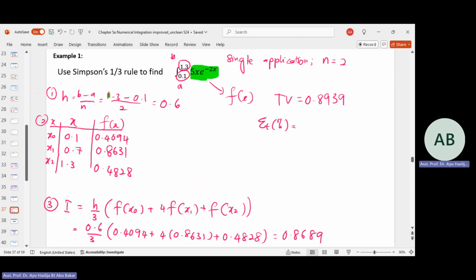True error, what do you get? Yes, 2.8. True error is 2.8.